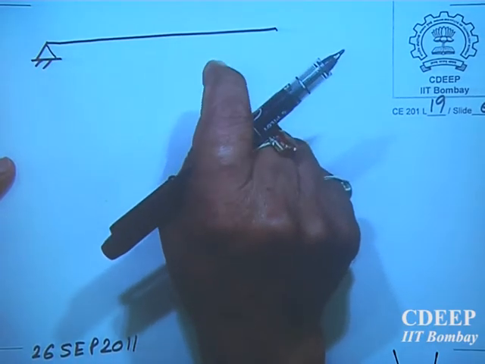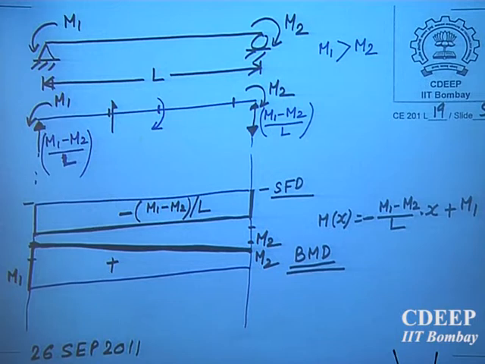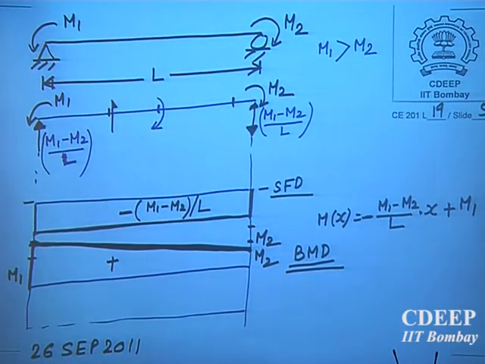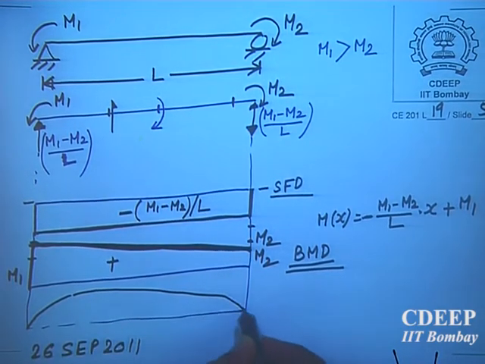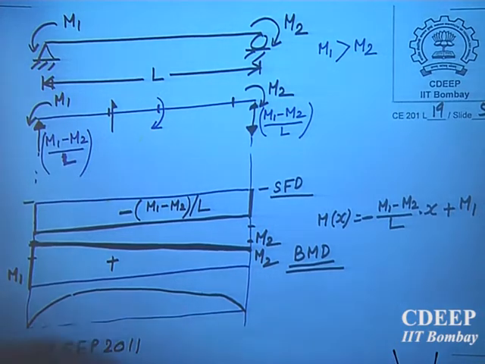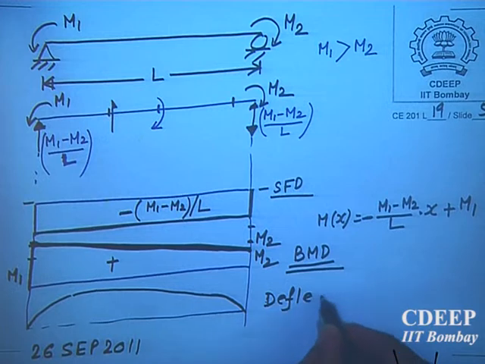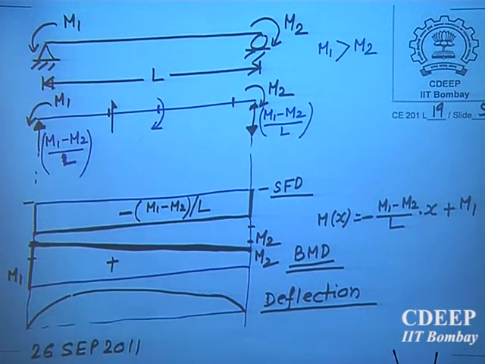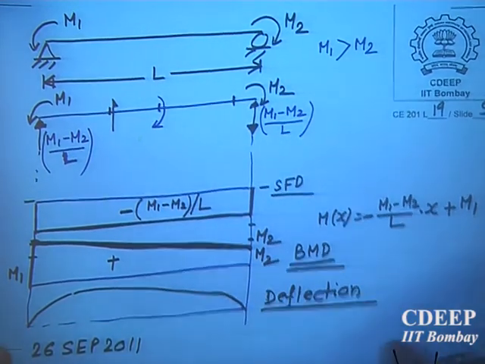Deflection profile for this one will be similar, except that it will not be symmetrical, so it will be less on this side. It will be like this. This is deflection. Non-symmetrical. Because this side is bending, so it will, and then this side.